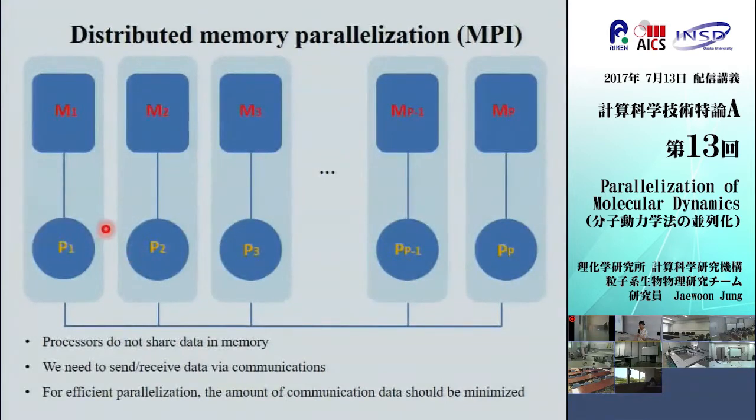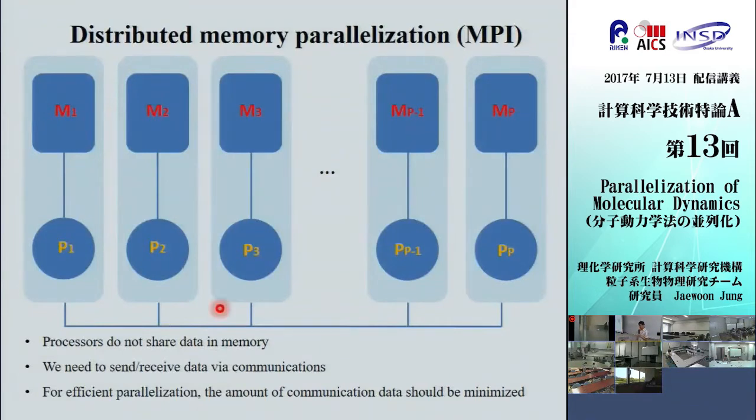So just assume that this processor writes some data on memory. And this processor does not know what is written in this memory. So in this case, we need communication among processors. So we need to send data or receive data using this message passing interface.